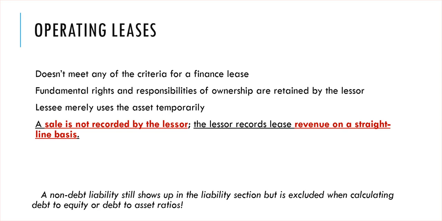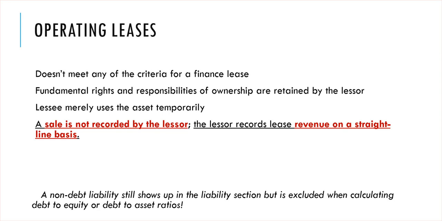Now, in this chapter, when we're talking about leases, we are going to assume there is an obligation or a contract behind them. So an operating lease is something that is not handled the same way by both the parties. And this is a very difficult thing for students to understand.